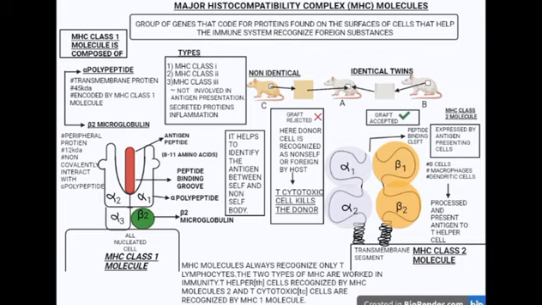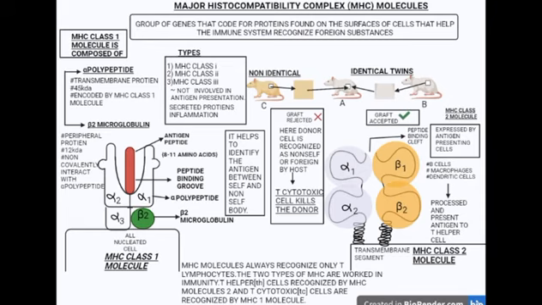They are transmembrane proteins and their weight is around 45 kilodalton. They are encoded by the MHC class 1 gene. Now, what is beta 2 microglobulin? It is a peripheral protein which weighs around 12 kilodalton. It interacts non-covalently with the alpha polypeptide.